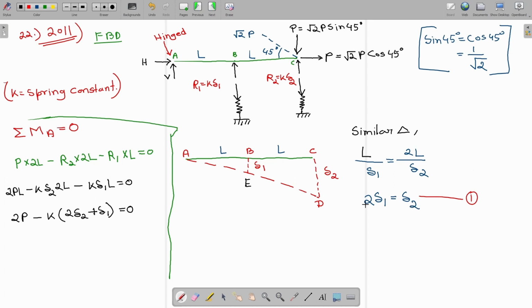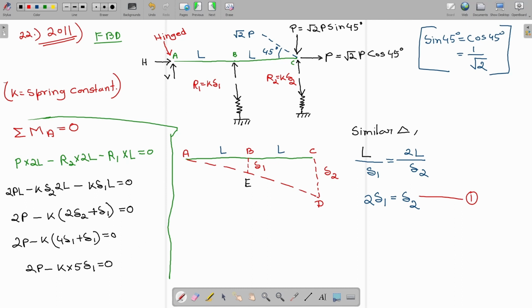Now delta 2 is given as 2 times delta 1. Therefore, 2P minus K within bracket 4 delta 1 plus delta 1 is equal to 0. Therefore, 2P minus K into 5 delta 1 is equal to 0.